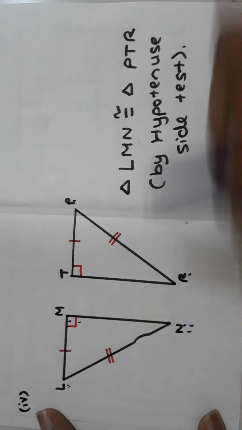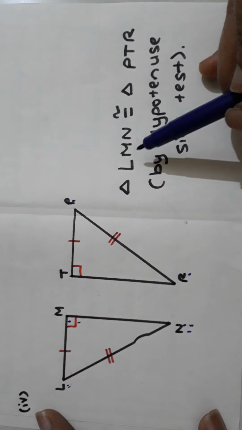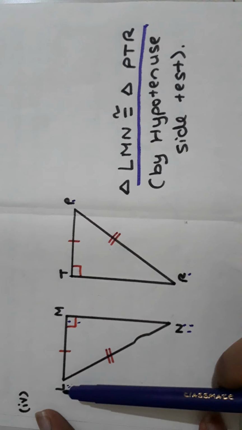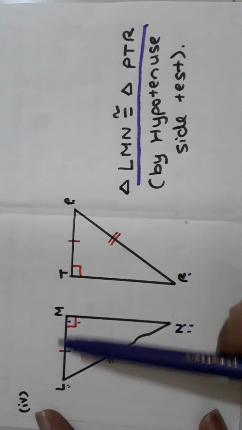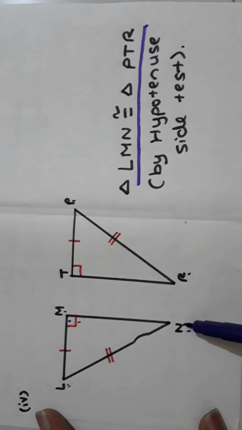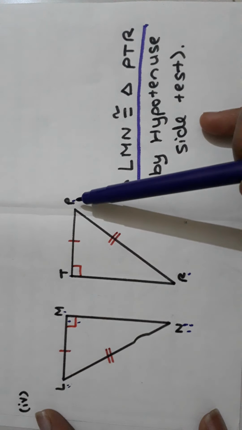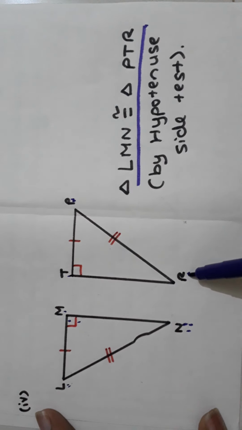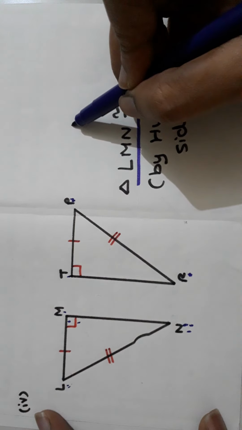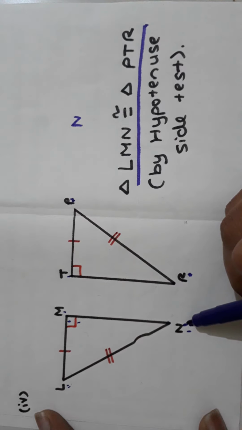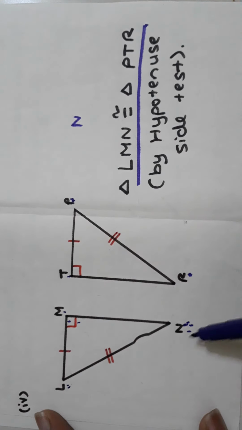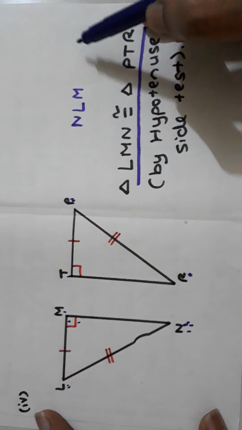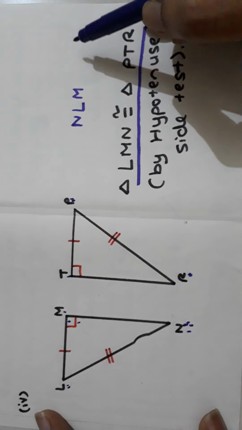Now how to write the congruency between the two triangles? Now one way I have already written. Now the other way is, here I am starting at L, then moving to the vertex M and then to N. So here also I'll follow the same pattern. I'll start at P, then move to T and then to R. Now the other way is start at N, move to the vertex L. Now the path is indicated by two lines and then to M. So I follow the same pattern for the next triangle also.